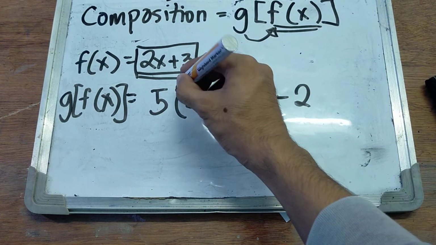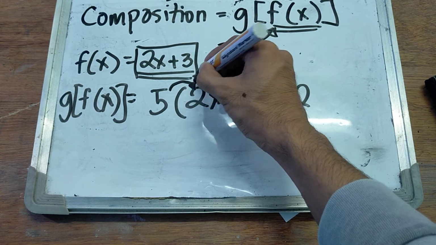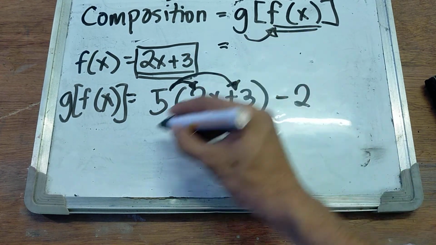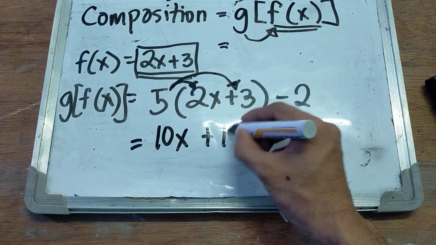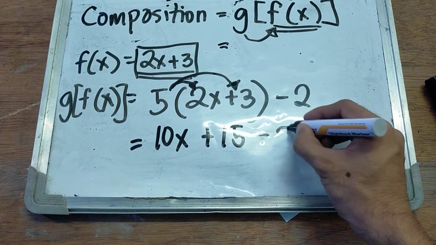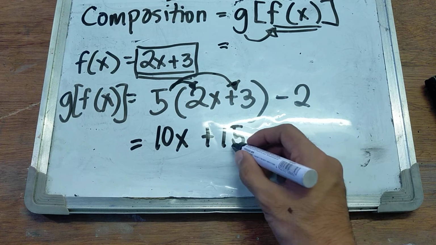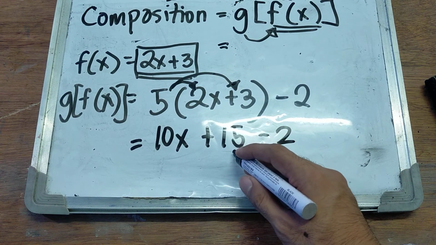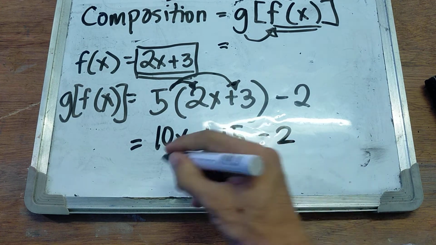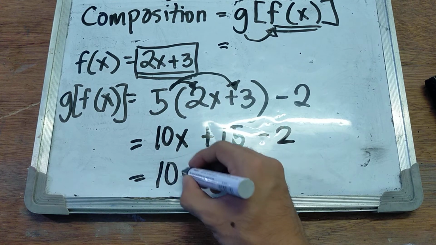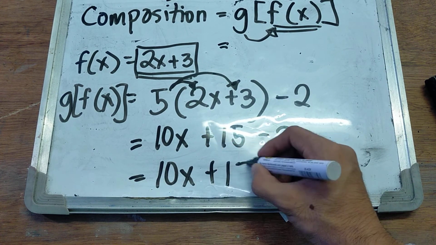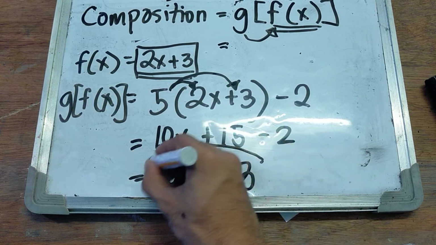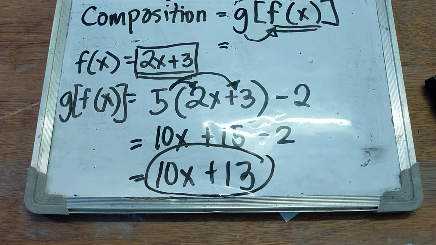And then same thing, multiply 5 from each term inside the parentheses. So we have 10x plus 15. And then, operate 2 from positive 15 because they have the same term. So I will copy 10x. And then 15 minus 2, we have positive 13. Okay? So this will be the value of g of f of x.